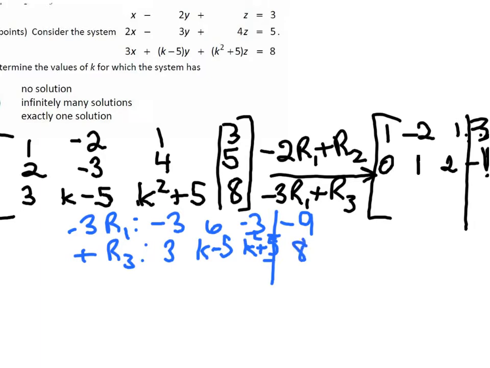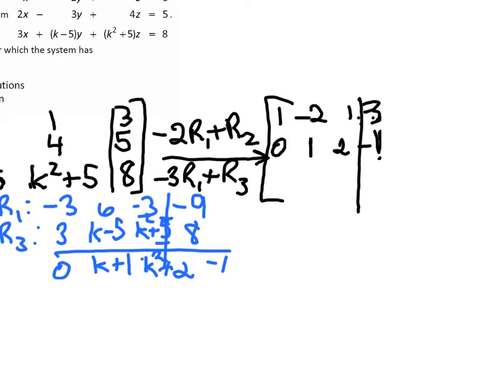Okay, so when we add that up, negative 3 and negative 3 gives 0. 6 plus k minus 5 would be k plus 1 when you combine the 6 and the negative 5. K squared, and then we've got positive 5 and negative 3, so that's positive 2. And then negative 9 and 8 gives us negative 1. So let me scoot this over so I can write it more neatly over here.